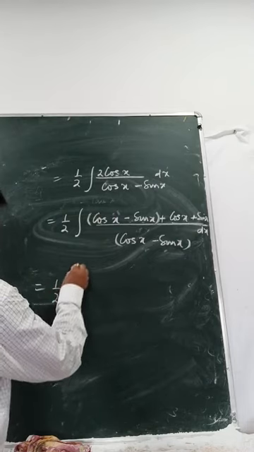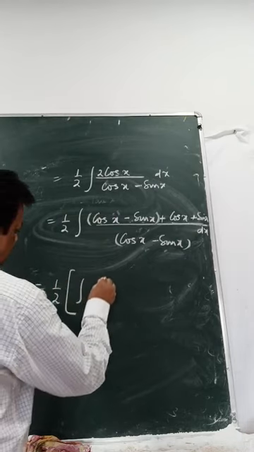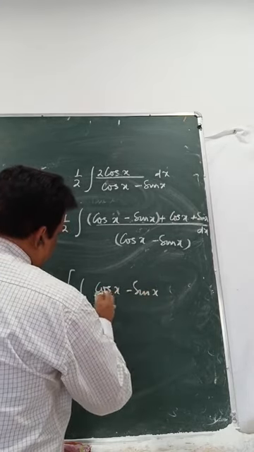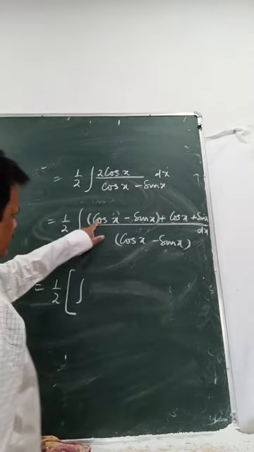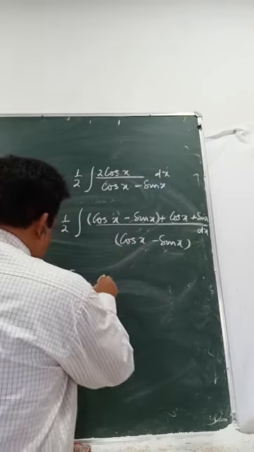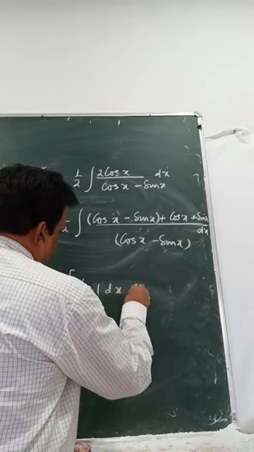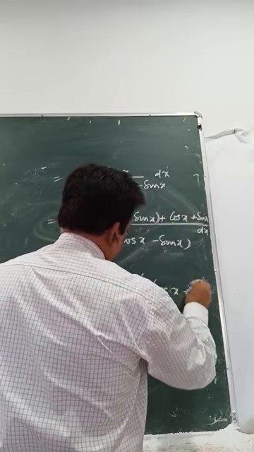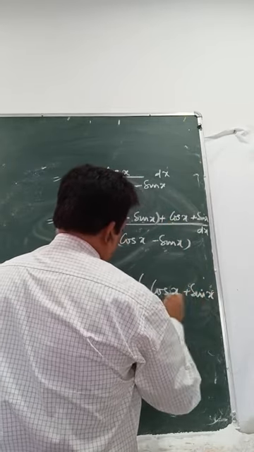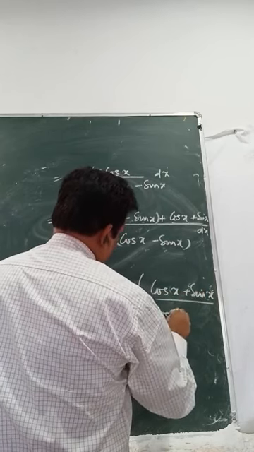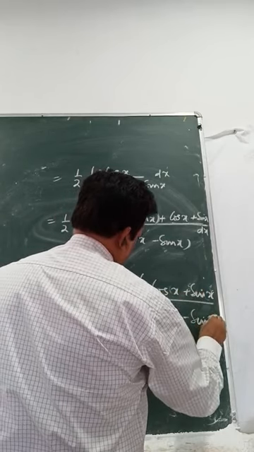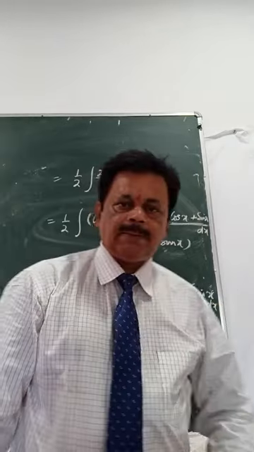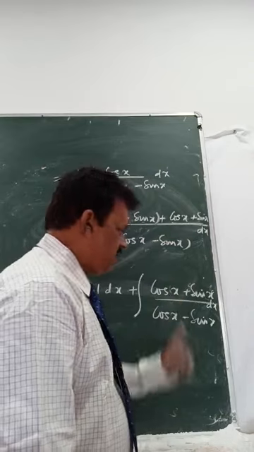So half of the integration of cos x minus sin x by cos x minus sin x, or simply I write, this part divided by this part is 1, plus this part dx. Okay, now onwards I am going to introduce a new formula here.